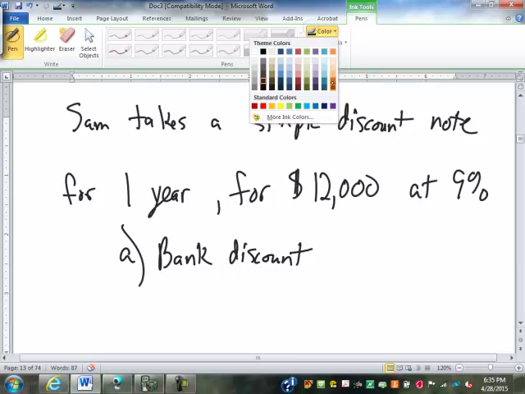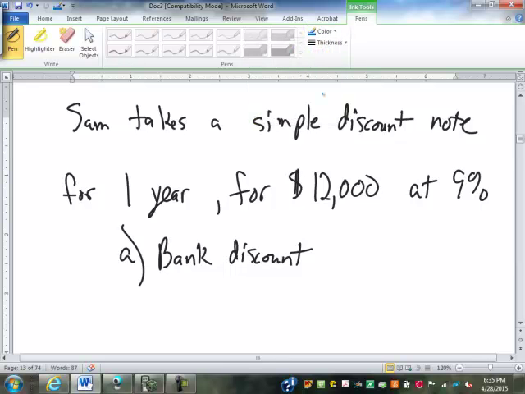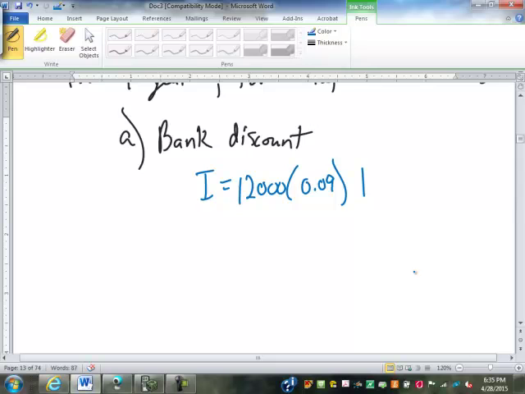Part A, find the bank discount. How do you do that? I equals PRT. 1 year is 1 for time. So what is that? $1,080 for interest?